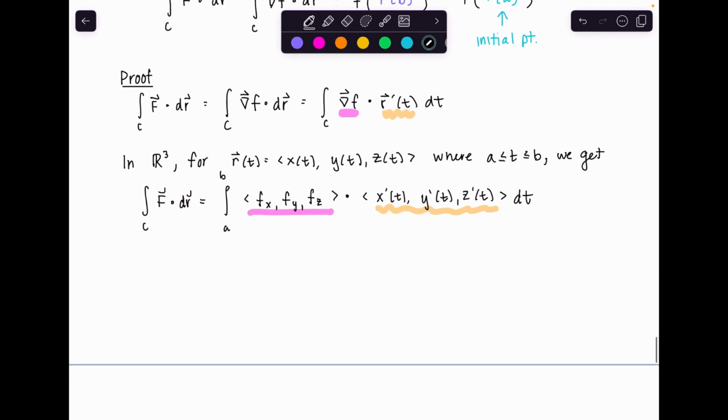Well, all I'm going to do is write this in a different notation. This is the partial of f with respect to x, the partial of f with respect to y, partial of f with respect to z. And then these are all single variable derivatives. So this is dx dt, dy dt, dz dt.